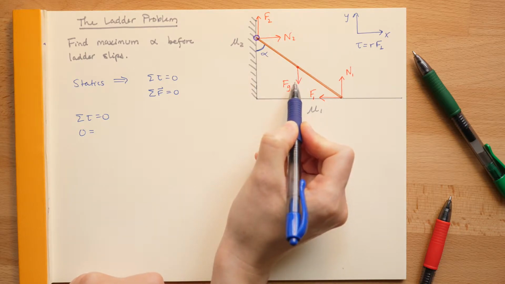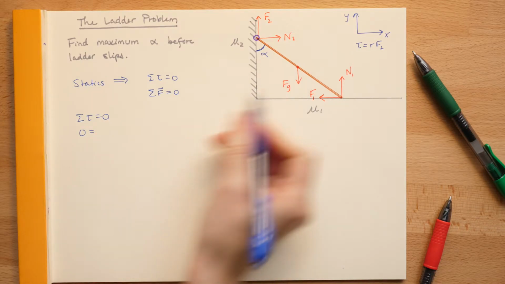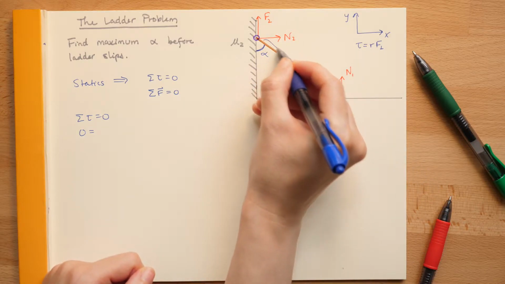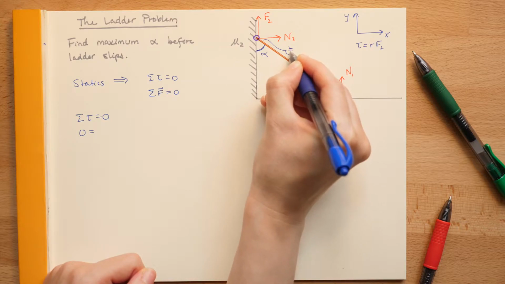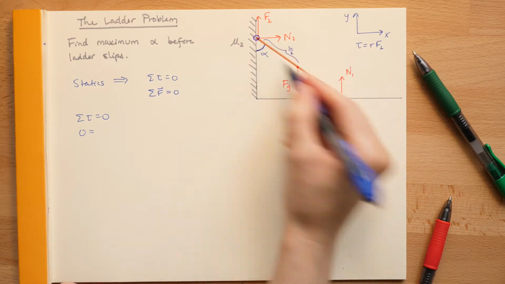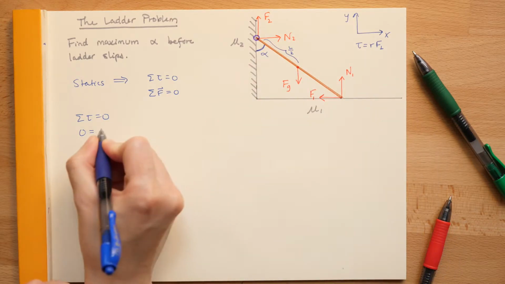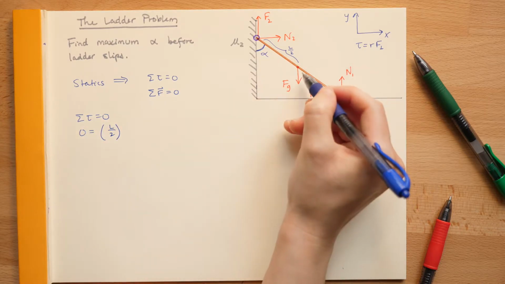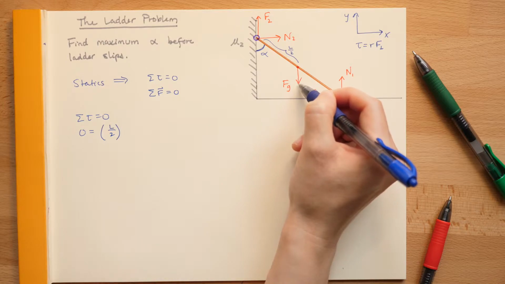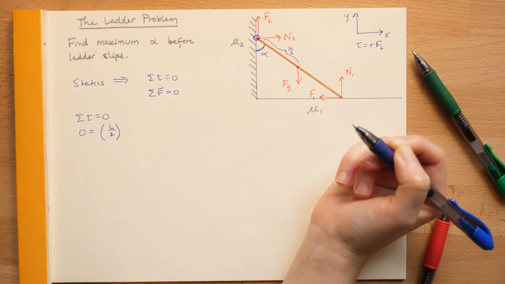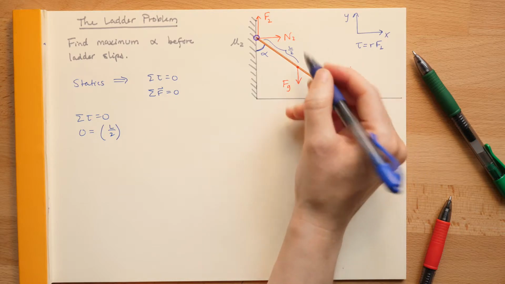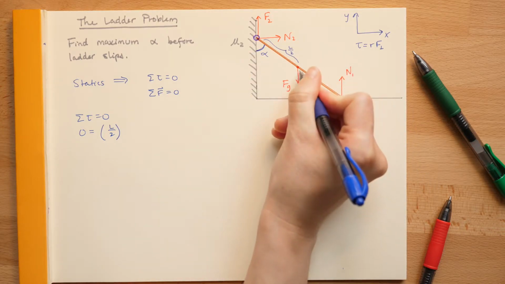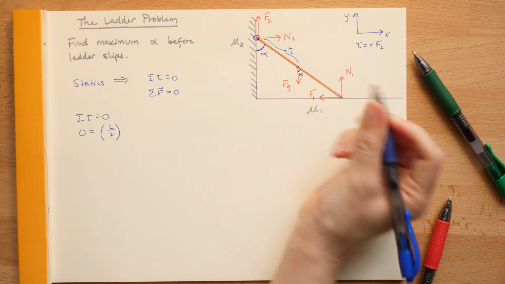So let's start with Fg. Fg is a distance L over 2 from the pivot, if the whole ladder has a length L. So we have L over 2, that's our R, and now we need the perpendicular component of the gravitational force. When I look at this force, I can see that this line is parallel to this, so this is alpha.